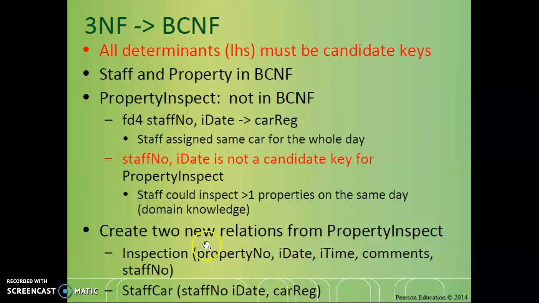These are the attributes we have in this inspection table. So two tables we have created. Now, these two tables are in BCNF as the determinant in each of these relations is also a candidate key.